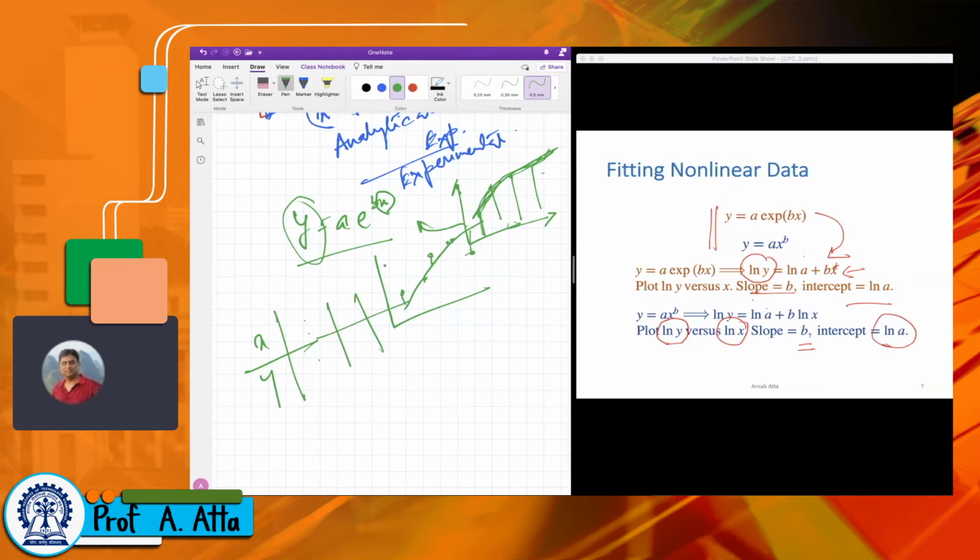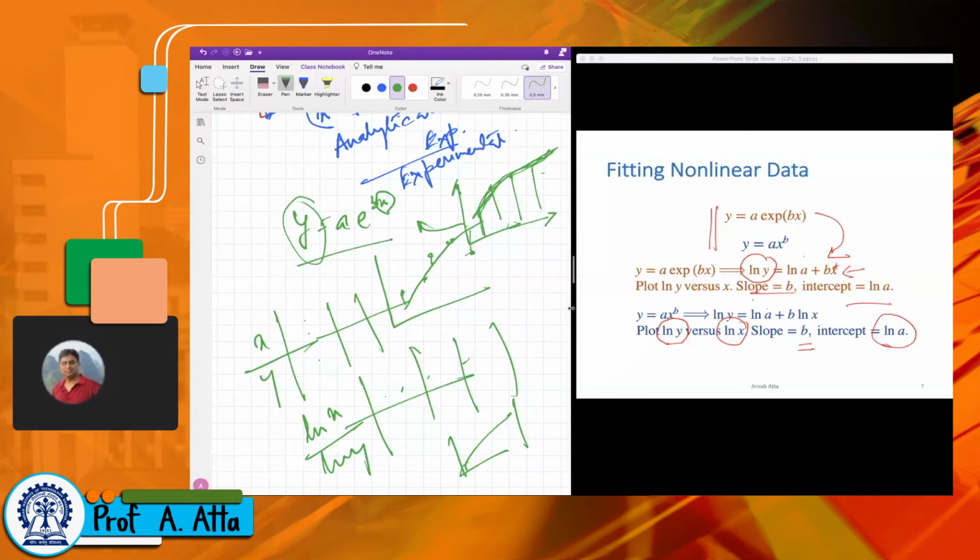I at first convert this to ln x and ln y and then start plotting those values to get my linear fit, isn't it? Or the other way can be that I somehow directly plot this xy value in a certain kind of graph paper and it would give me a straight line.